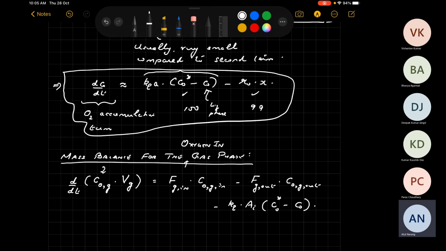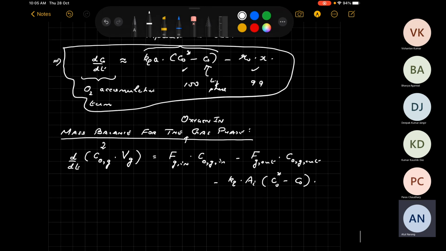I think this is the only form. We will not need to simplify this further. I think we need it only in this form. The reason is the following. We'll be using this ultimately at steady state.